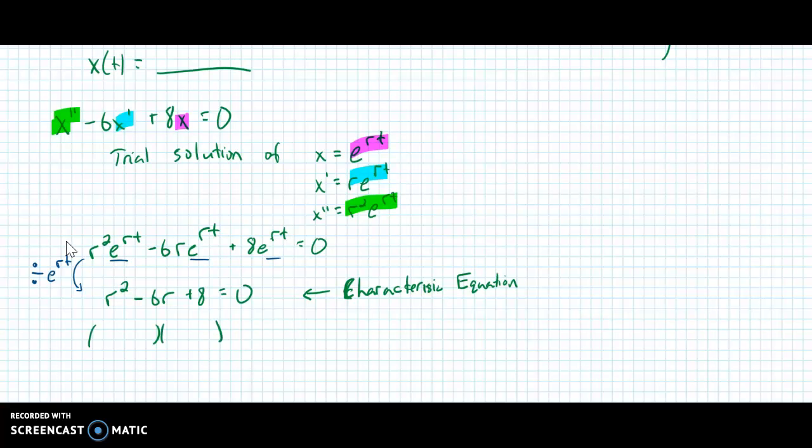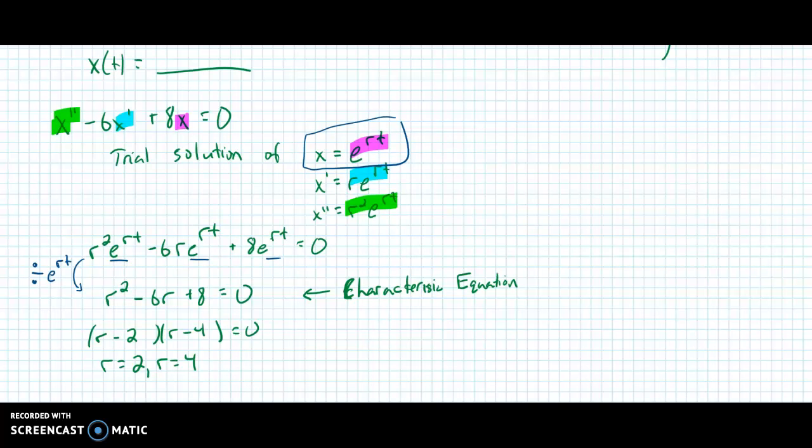What do we get? We get r minus 2 and r minus 4 equals 0. What's that give me? r equals 2 and r equals 4. Now you may say, wait, what's r again? Well, remember, this line right here. I use that trial solution.